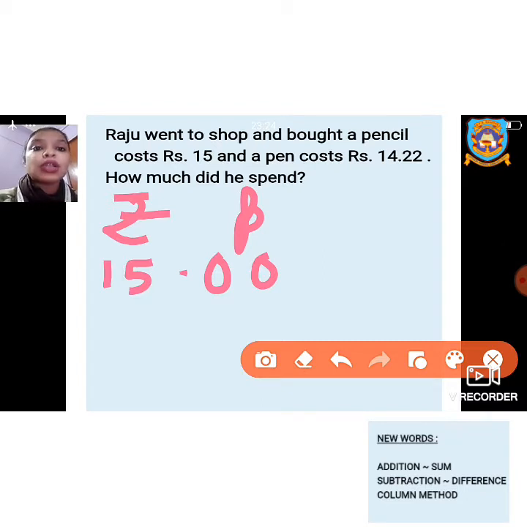Nothing changes. Only when you are writing it, there become two columns, the rupee column and the paise column. Now the cost of the pen is 14.22. Why have I made this 15.00? Because if you write only 15, the paise column would be empty for the cost of the pencil. That is why I have put 00 here.